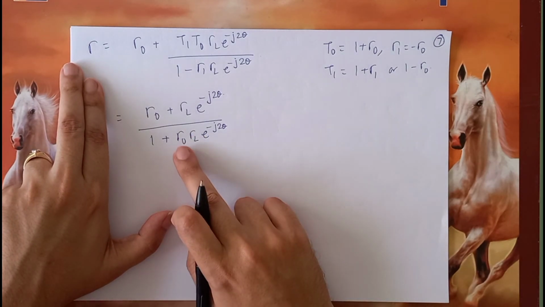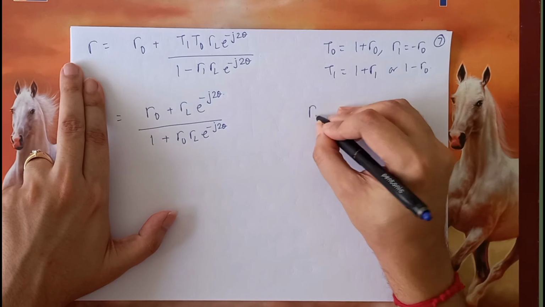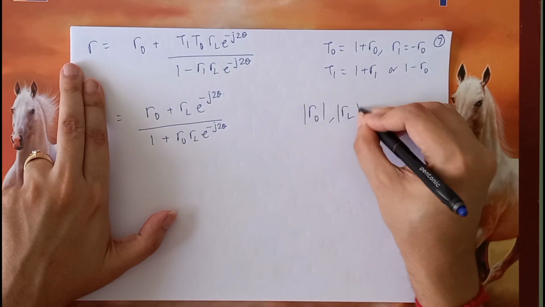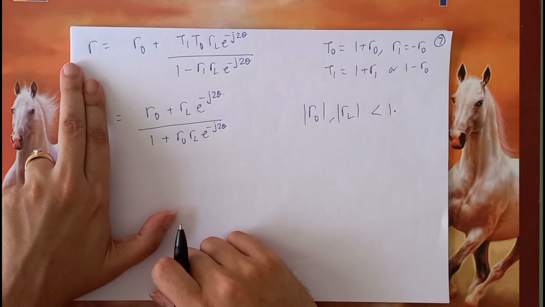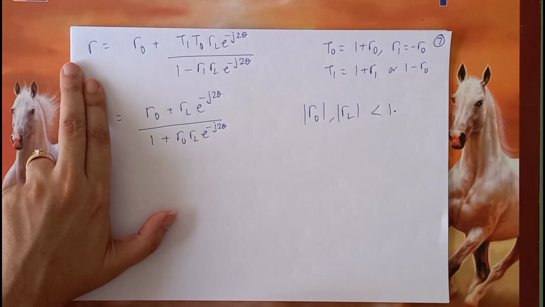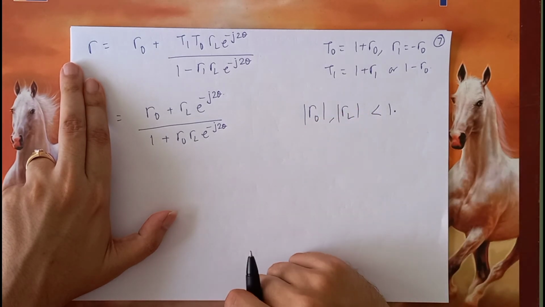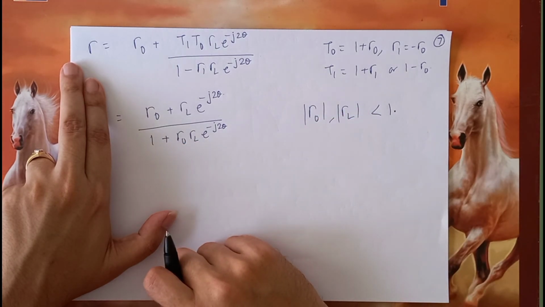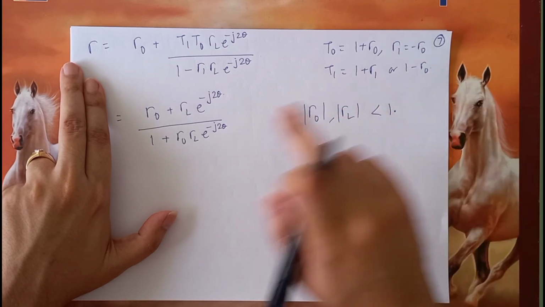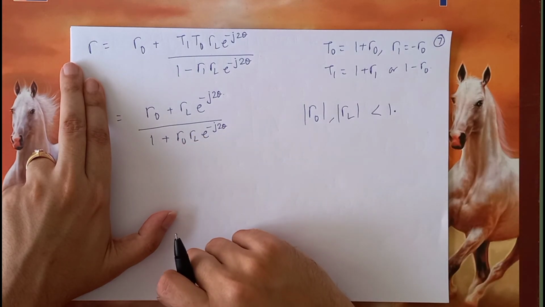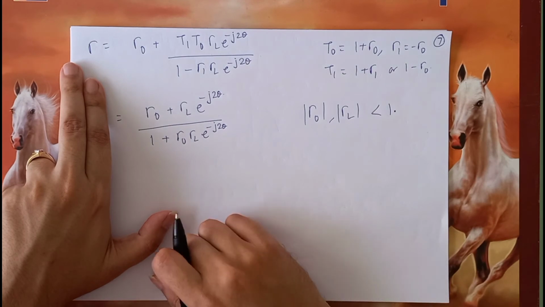What can we say? We can say from here that gamma 0 and gamma L, their magnitudes are both less than 1. So, if we were to multiply these two quantities, that is to get the denominator, as it is if gamma 0 and gamma L are less than 1 and we multiply the two, the product will be even more less than 1.